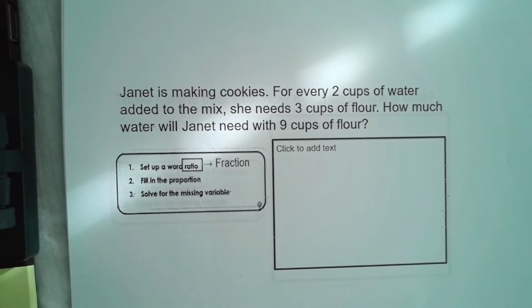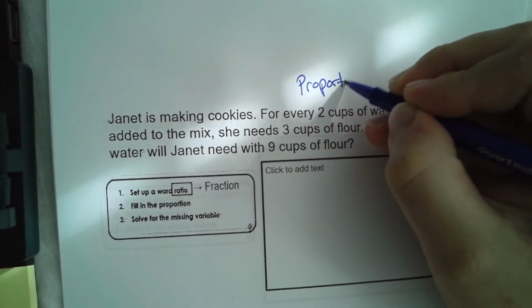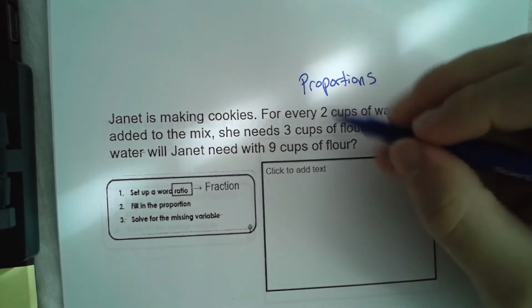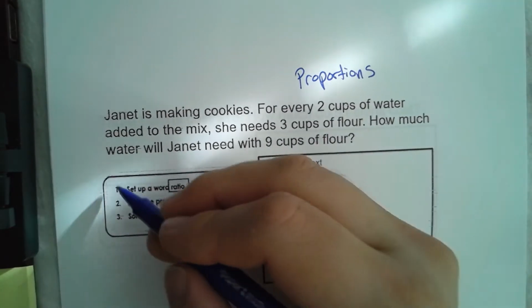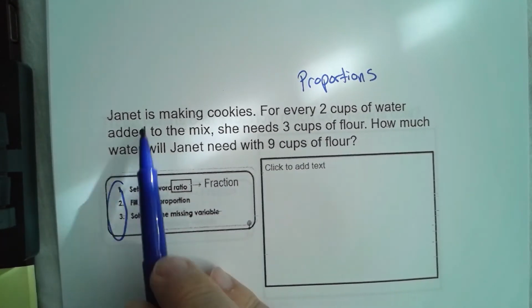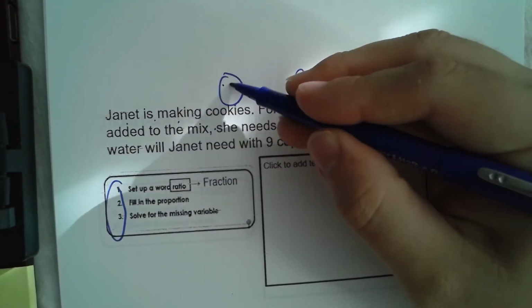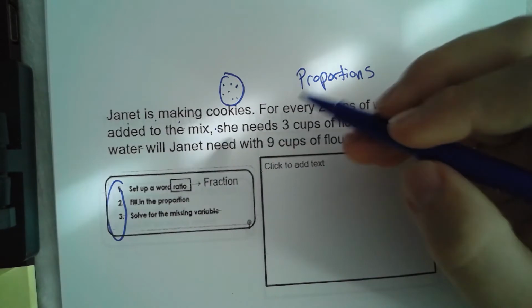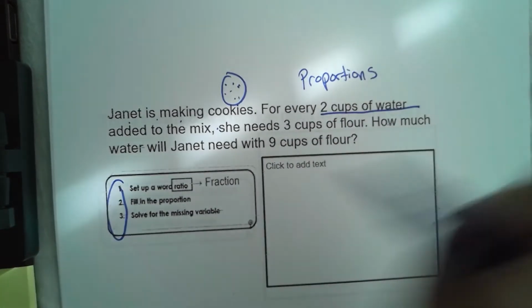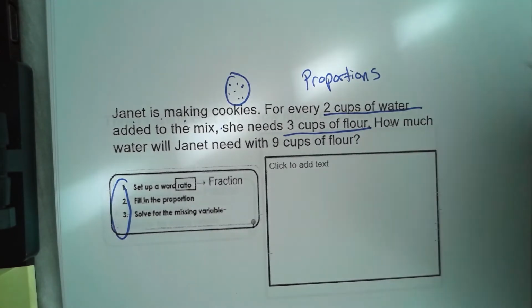Alright, now let's talk about using proportions to help solve word problems, okay? And we're going to follow these 3 easy steps for each one. Janet is making cookies, okay? Lovely, lovely cookies. For every 2 cups of water added to the mix, she needs 3 cups of flour.